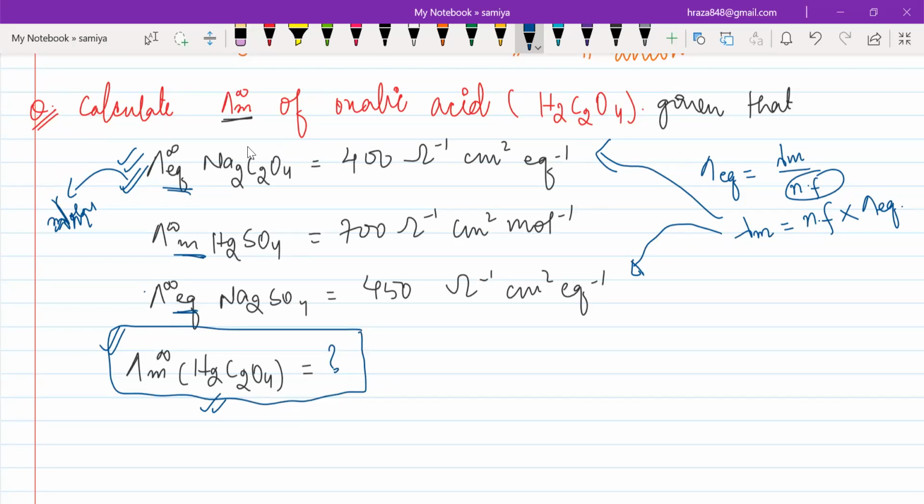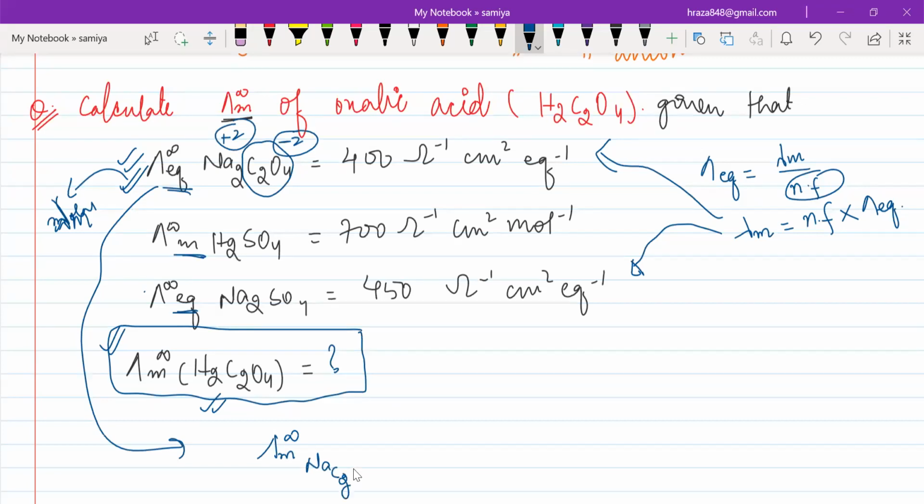Total charge on the negative will be -2, here it will be +2, so the n factor is 2. So lambda m infinity for Na2C2O4 will be equal to 400 into 2, so it will be 800 Siemens centimeter square per mole.